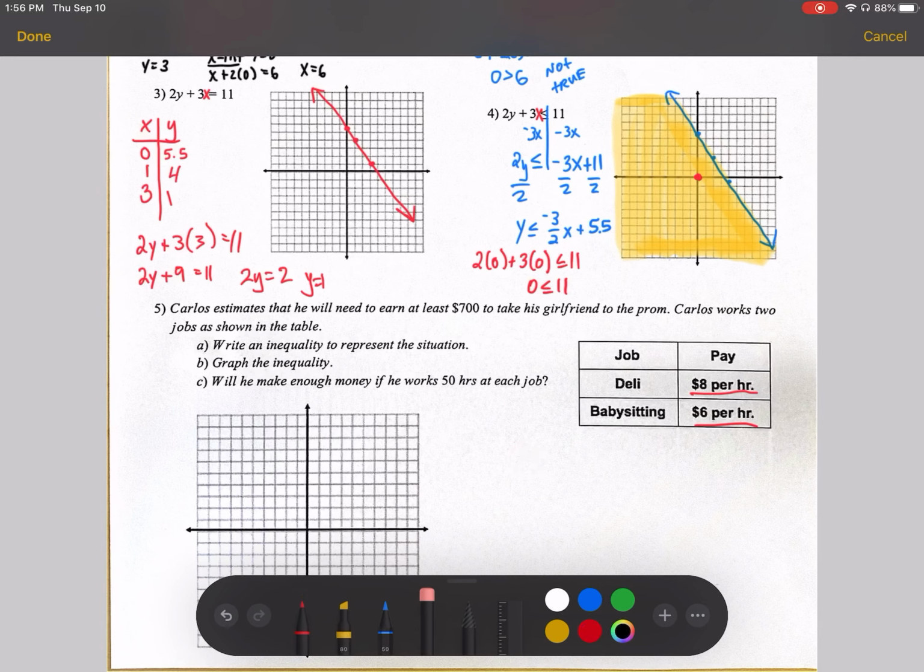So let's figure out, first of all, what our variables are going to be. What we don't know is the number of hours he works at the deli, and we don't know the number of hours he works babysitting. And those are the 2 things that we need to find out.